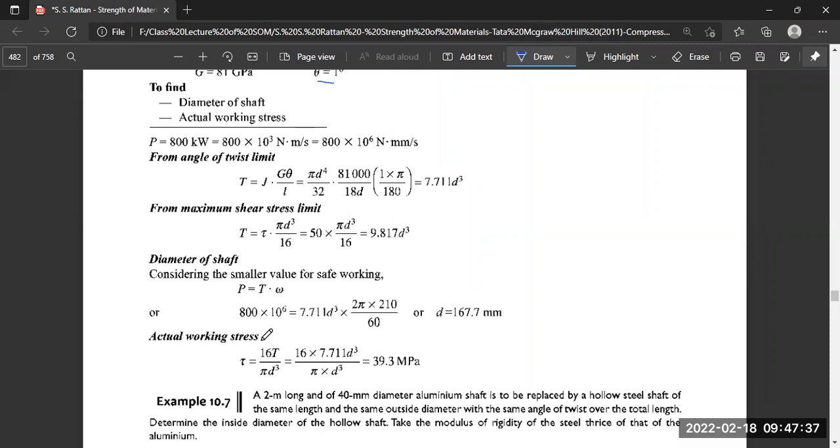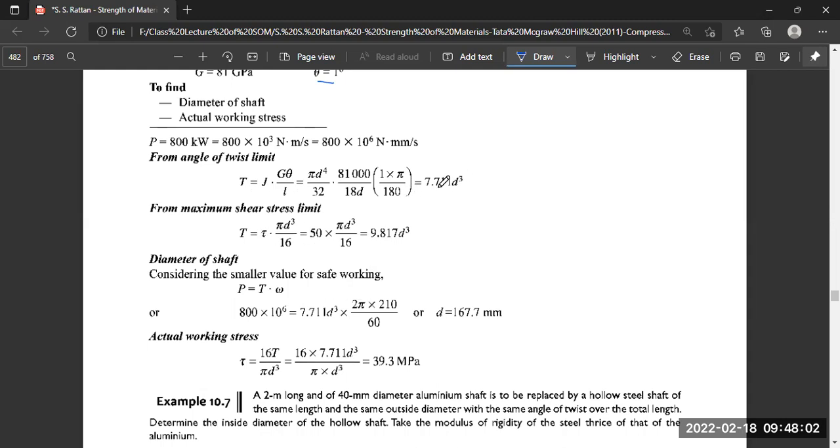Actual working stress, thus tau is equal to 16T divided by pi D cube. Here we put the value of T and D as 167.7 to the power 3. That is 39.3 MPa. Thus, it is very clear that we are using the maximum angle of twist rather than the maximum shear stress.